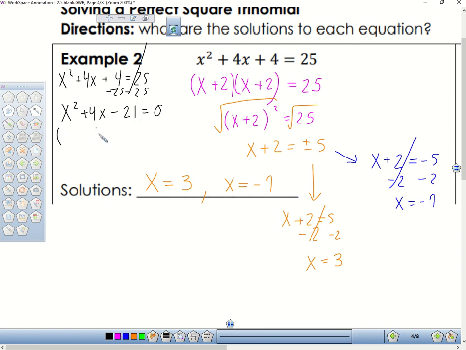And then you could have found factors of negative 21 that add up to 4, which would have been positive 7 and negative 3. And then you would set each of those equal to 0, and you would have got the same answers.